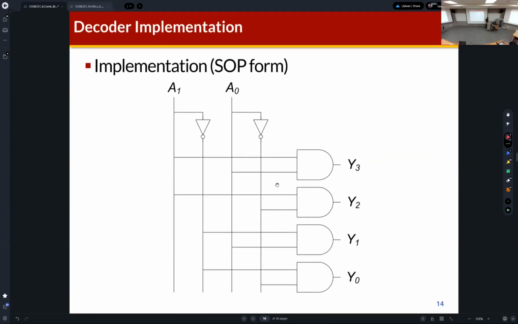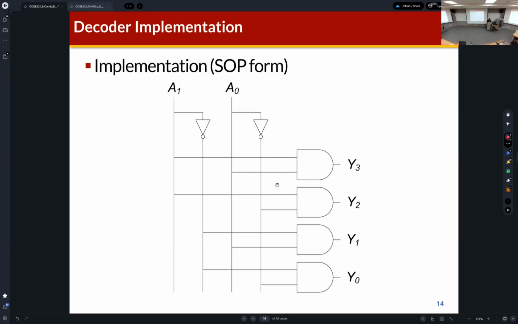So how can we implement the decoder? We can implement the decoder using SOP form. There are 2 inputs and 4 outputs, and based on the input values, only one output becomes 1.